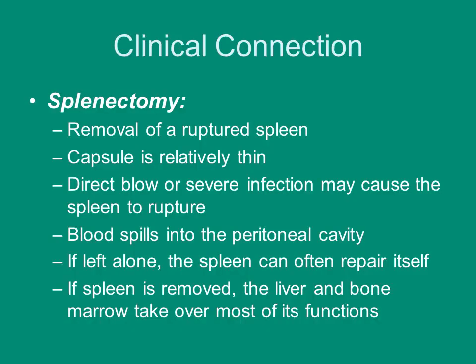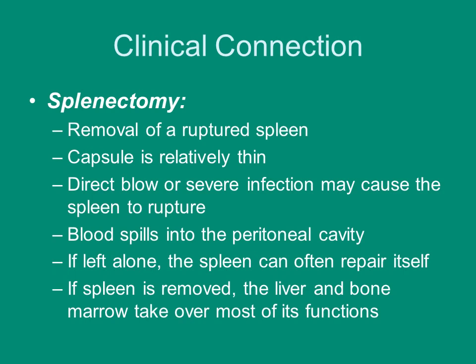A splenectomy is when you remove a spleen that has ruptured. The capsule around the spleen is fairly thin, so unfortunately, it does not have a whole lot of protection, and a severe blow can cause it to rupture. It has a high blood supply, and so that blood will spill into the peritoneal cavity.